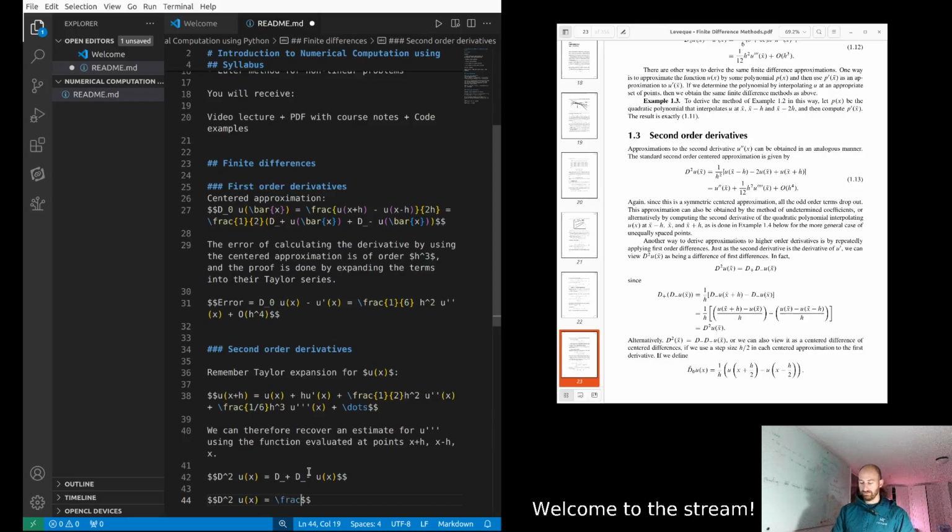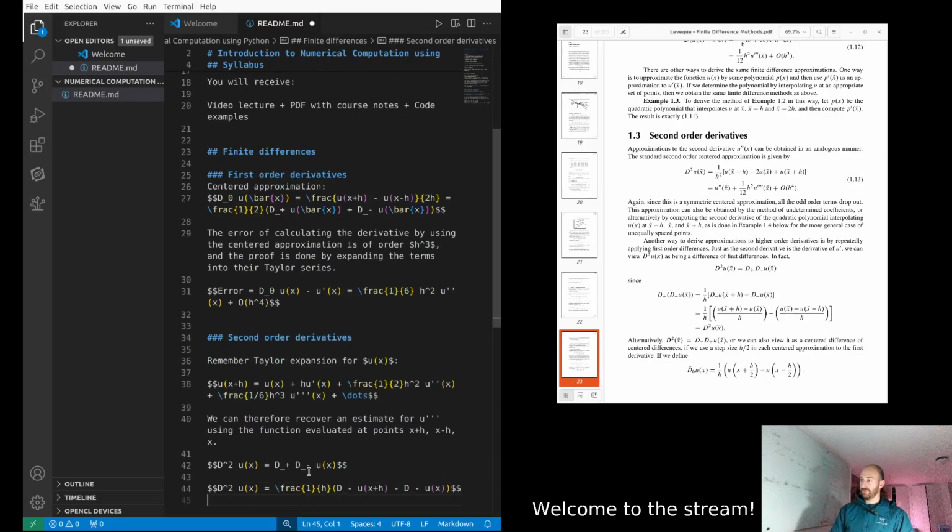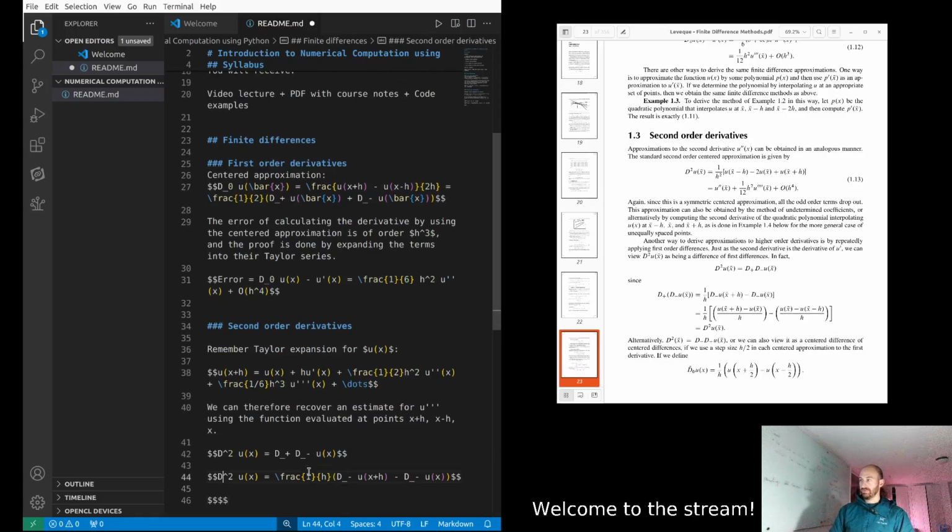So it will be a fraction of 1 over h, right? And then times d minus of u of x plus h, right? Because this is d plus, minus d minus of u of x. We close up parentheses. And so now we have to replace this value, and I'm going to copy this.